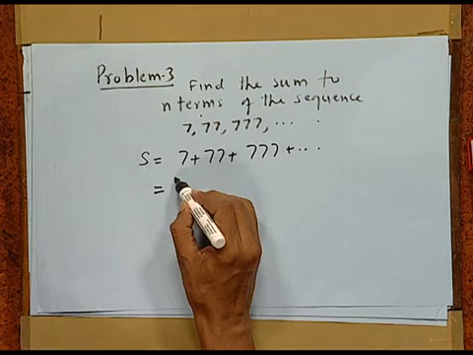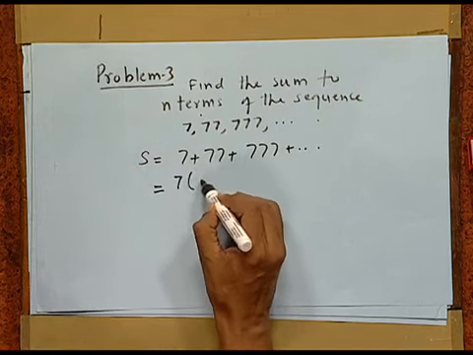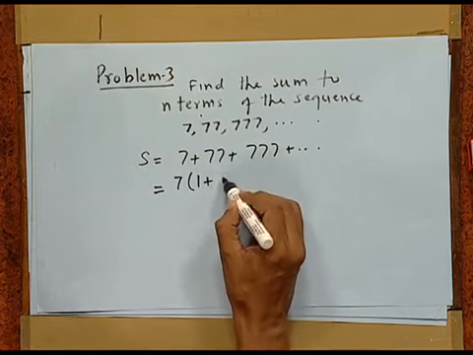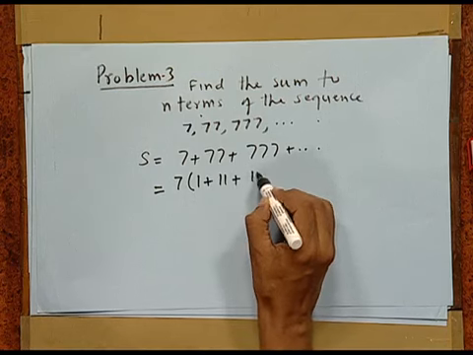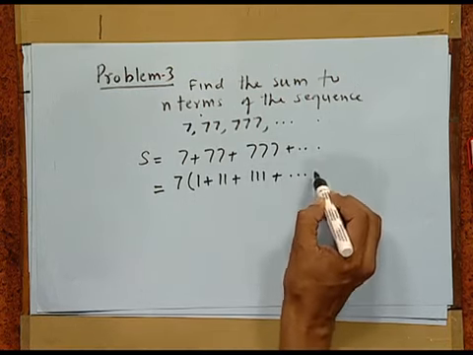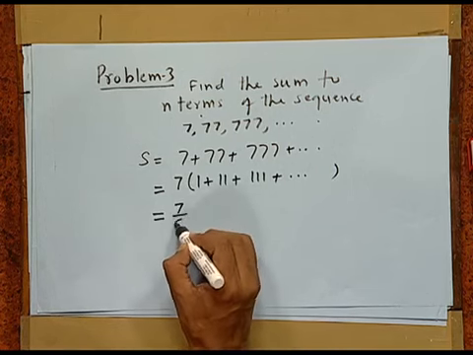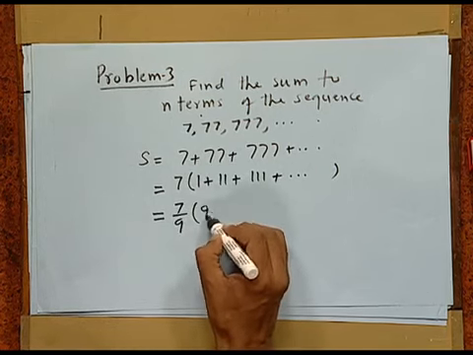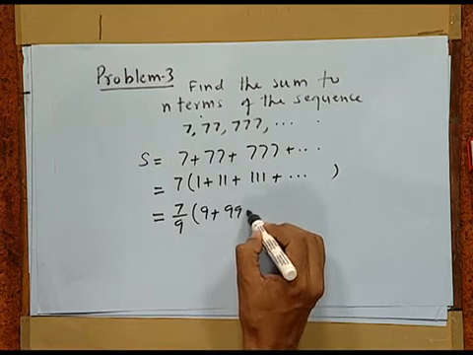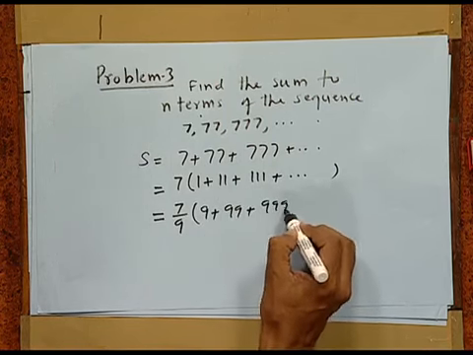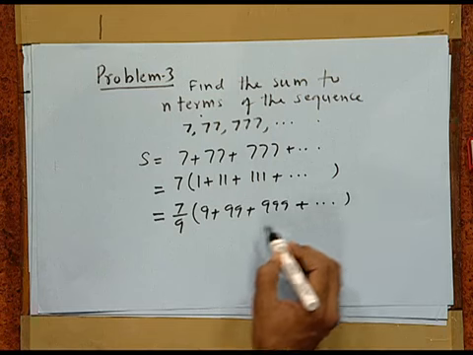This equals to 7 times 1 plus 11 plus 111 and so on. Again it equals to 7 by 9, 9 plus 99 plus 999 and so on.